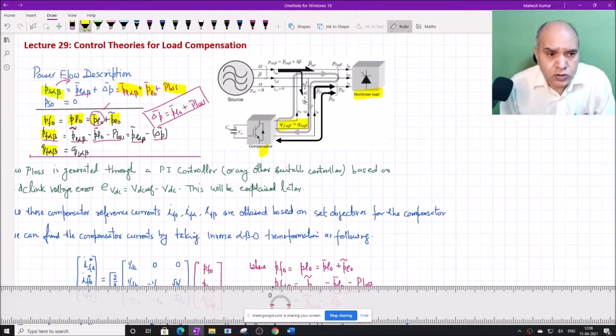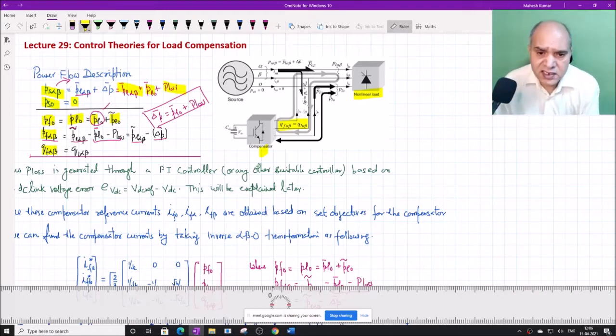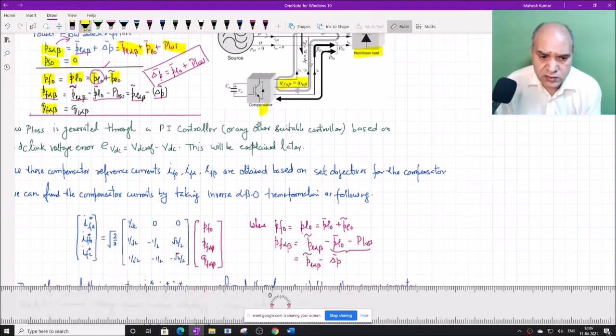And the zero sequence source power must be equal to 0 if you want balanced operation, as if there is no zero sequence current in the fourth wire, the neutral wire of the system. I hope it is clear. Revise it again and again to make it clearer in your mind, and if you have any difficulty you can ask questions based on that.